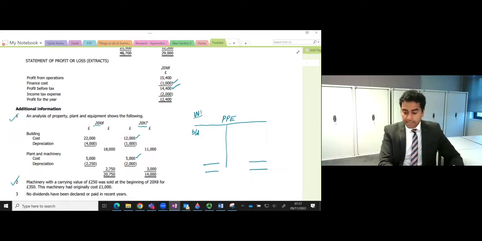So adding these two together, my opening balance was £17,000. Looking at 2008, the closing balance of my building is £22,000 and the plant and machinery is £5,000. Therefore, my closing balance, which is carried down, will be £27,000.